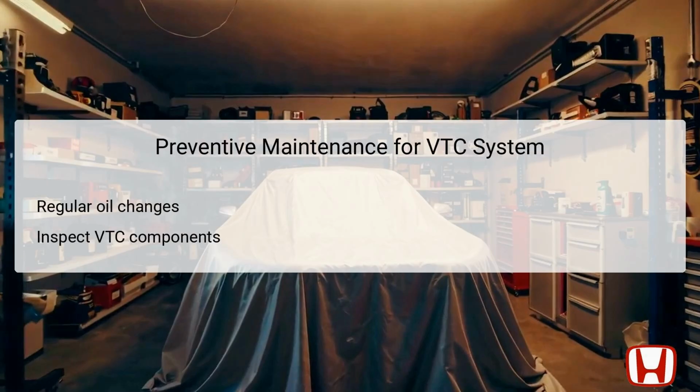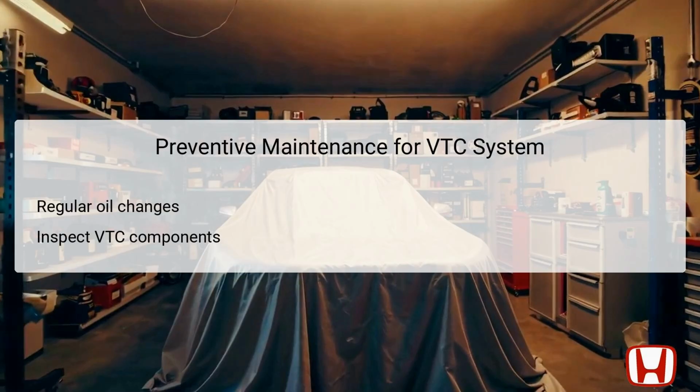To maintain the performance of the VTC system and prevent issues like DTC P1009, regular preventive maintenance is vital. One crucial aspect is ensuring prompt oil changes, as clean oil is essential for smooth operation and prevents clogging in the VTC oil passage.